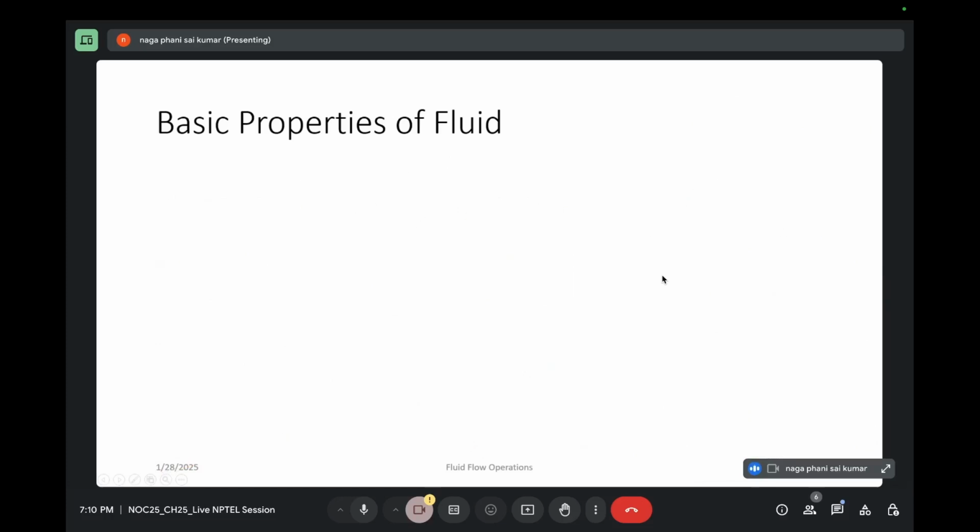We also have specific volume and specific weight. Specific volume is nothing but 1 by density, or inverse of density, the reciprocal of density. This is called specific volume. And then we have specific weight.